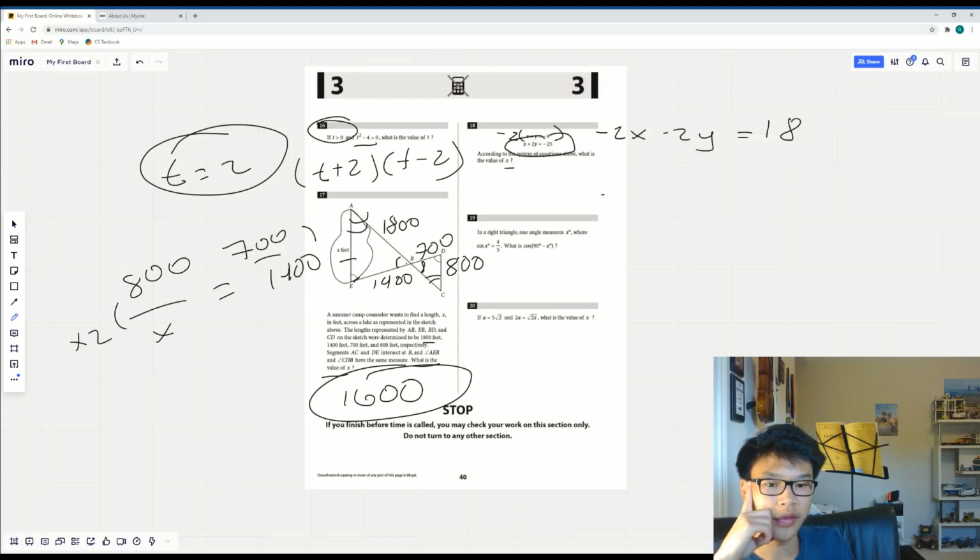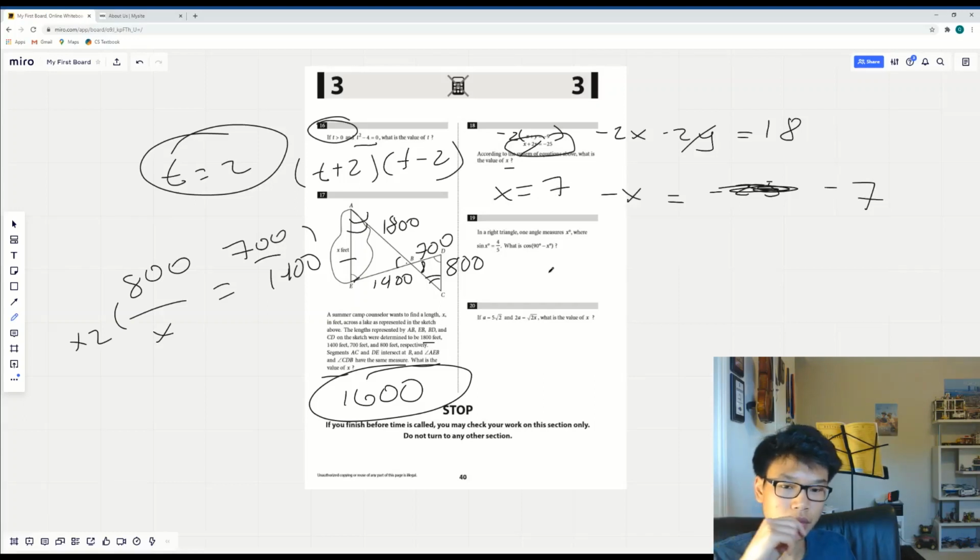So it becomes negative x, y's cancel out. Then you add negative 25 equals, oh, negative 7, what am I doing? Okay, x equals 7. Keep moving.